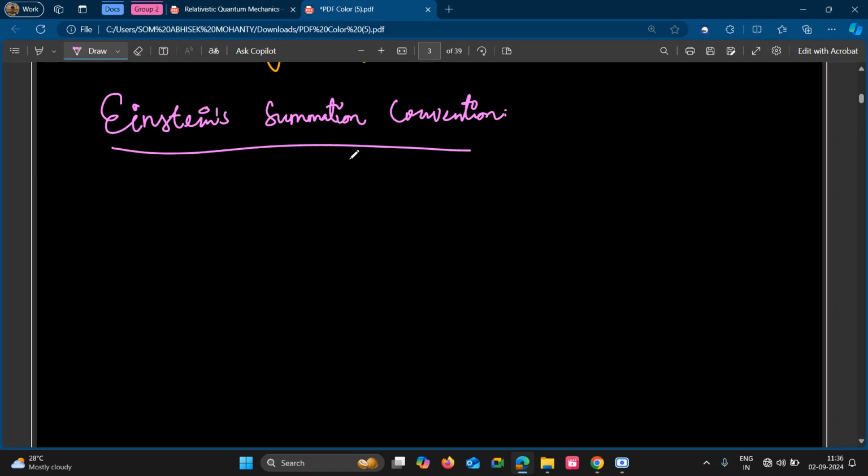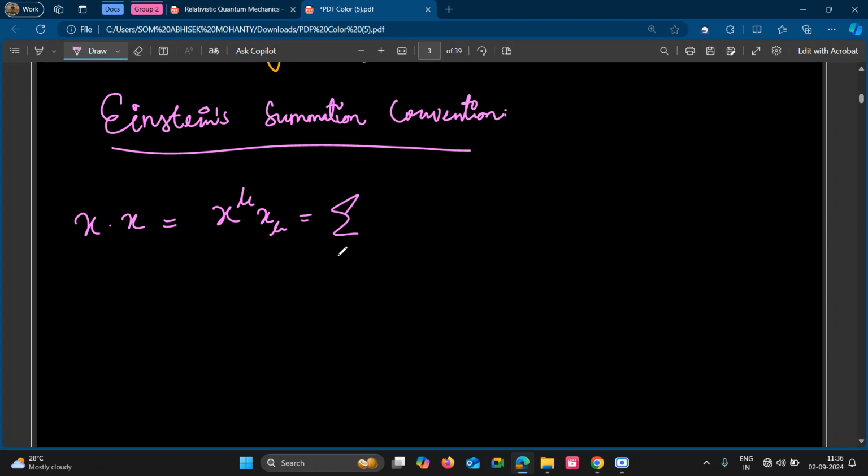Alright, Einstein summation convention. We just add over the indices, upper and lower index. Okay, I will show you. So x dot x I can write as x contravariant mu and x covariant mu. I can write it with mu from 0 to 3, x mu x mu.